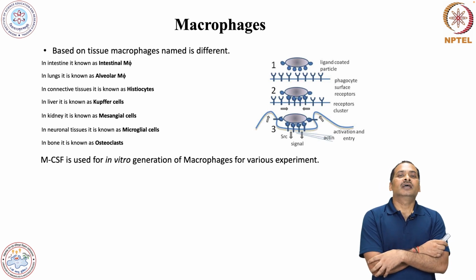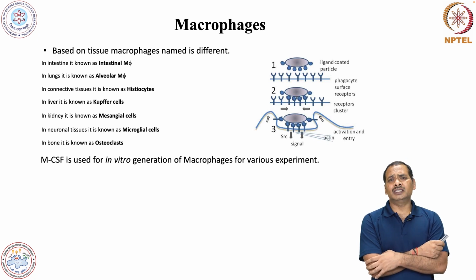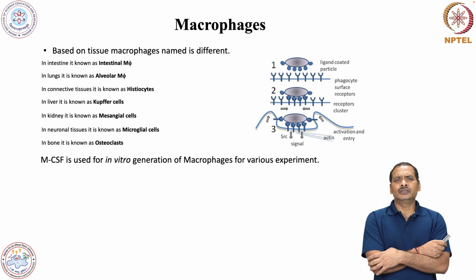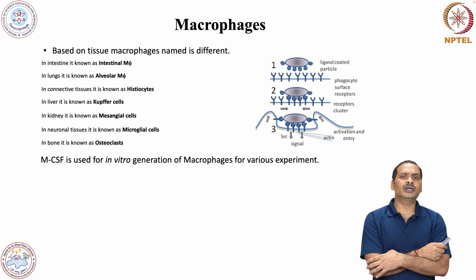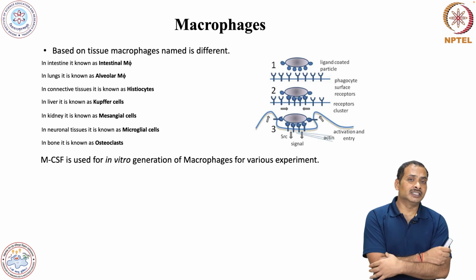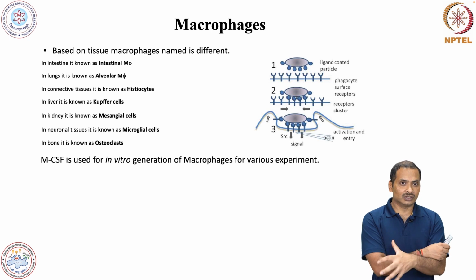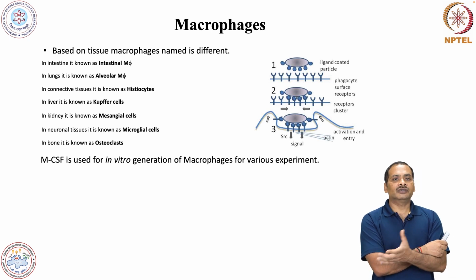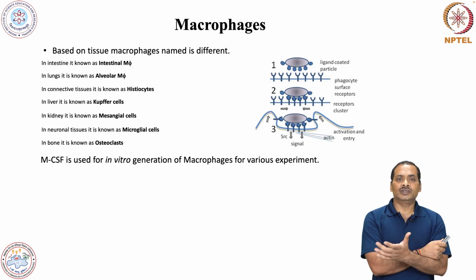Generally we use EDTA to remove these macrophages for further experiments. EDTA takes out the calcium ions, and calcium is needed for adhesion. In that way we can prepare macrophages and conduct a variety of experiments.